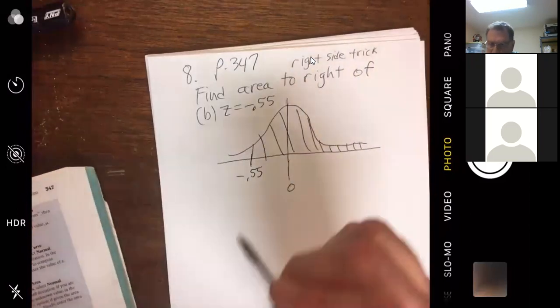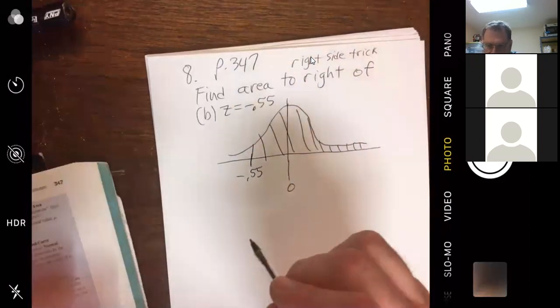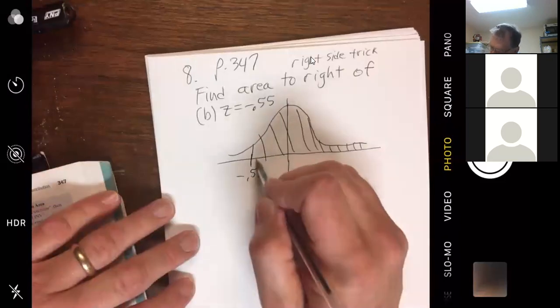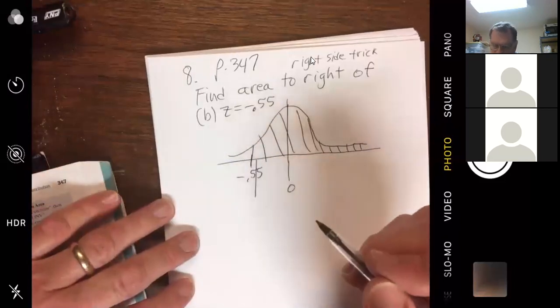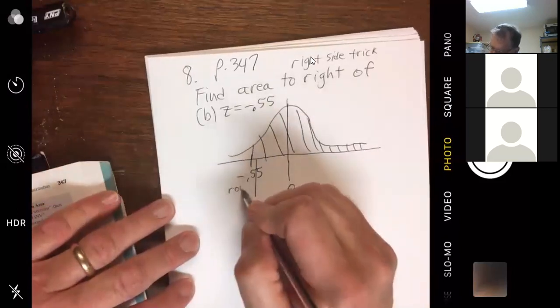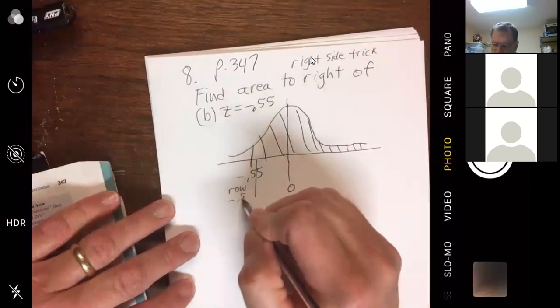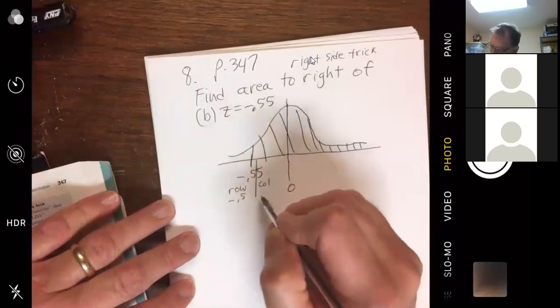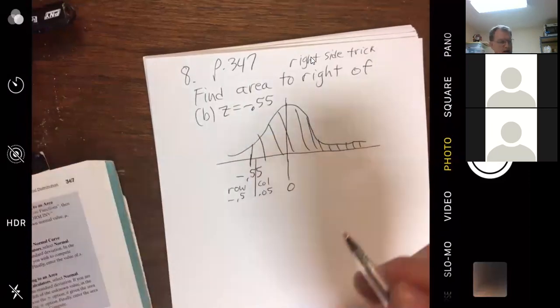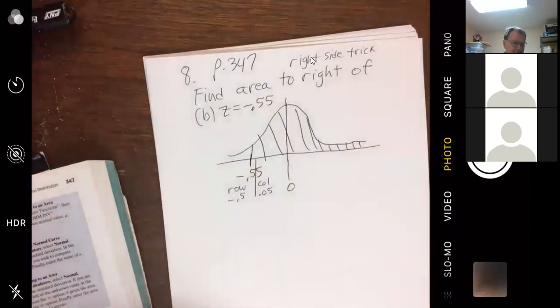You work all forwards problems the same way. Split that 5 off. This is your row, negative 0.5. Your column is 0.05. So I'm going to be on page 1.